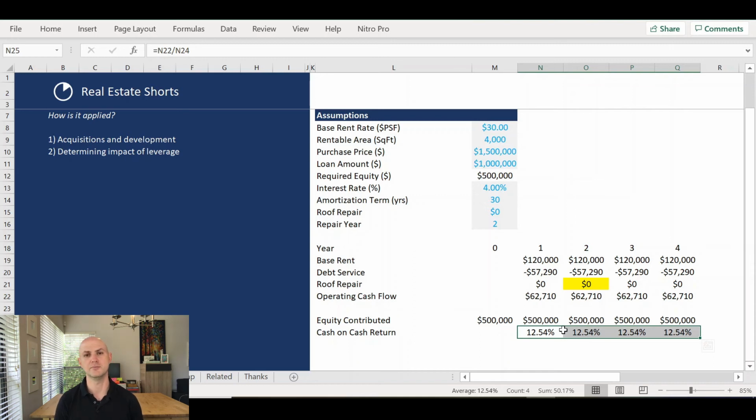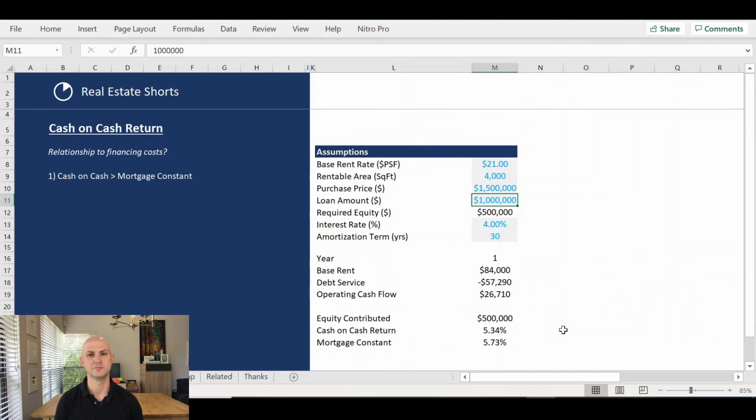This is also a great point of reference relative to the cost of capital, your leverage. And it's from here that I'll begin to introduce this topic of positive and negative leverage. So whenever cash on cash return is greater than your mortgage constant, you have positive leverage. When it's less than, you have negative leverage.